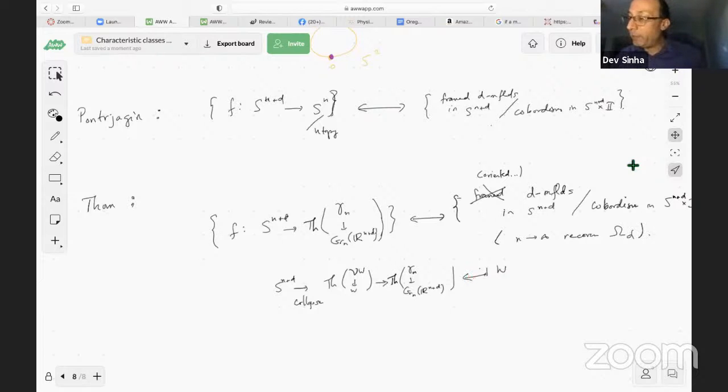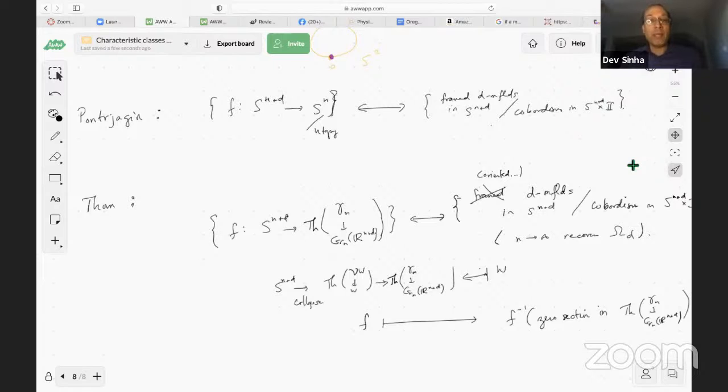And in the other direction, you're going to go from F to the preimage of the zero section in this Thom space. And those end up being reverse. So the geometry is very similar to what we talked about for the three-sphere to two-sphere case.